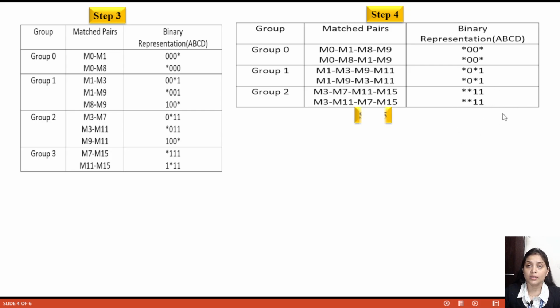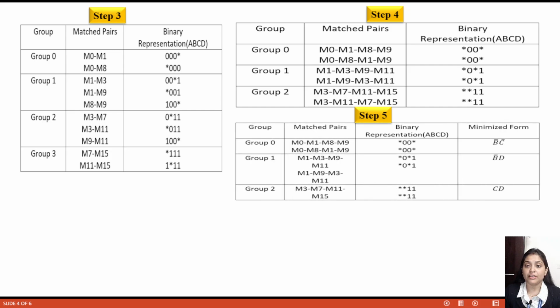Now step 5. After completing this again we check whether any 1 bit change will happen. If it happens then you have to continue, but in this problem it will not happen.